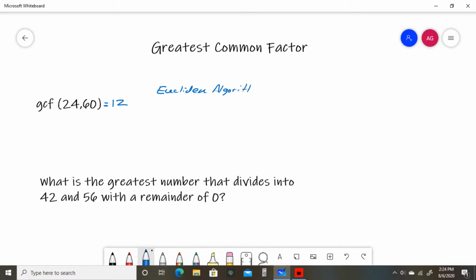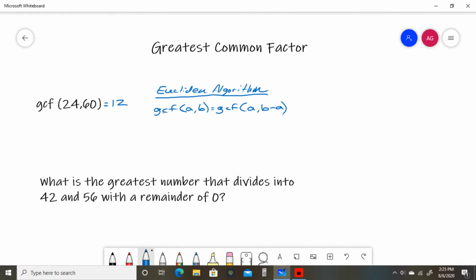Basically, what the Euclidean algorithm says is that the GCF of A comma B, for this problem, A is 24 and B is 60, is the same thing as the GCF of A and the difference between B and A. So, let's try to use this on our problem.